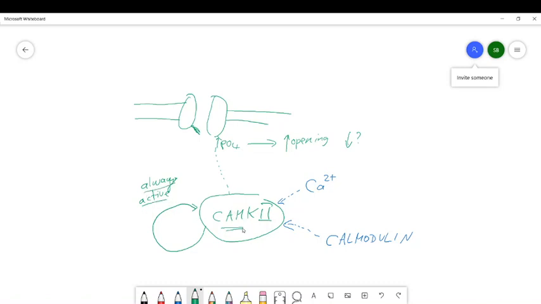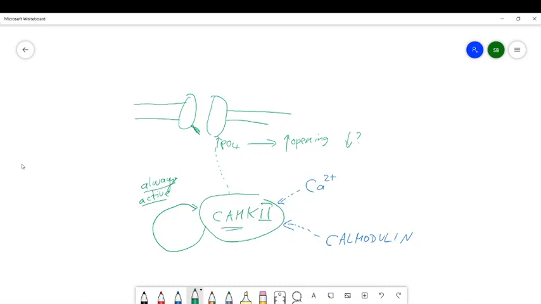So usually what would happen with a protein kinase is they're phosphorylated for a time, and while they're phosphorylated, they phosphorylate other proteins, but then after a while they lose their phosphorylation and it switches them off. Of course, you normally want that to happen. Otherwise, once you've activated them, there's no stopping them. But in the case of CaMKII, it doesn't do that. It stays active all the time.